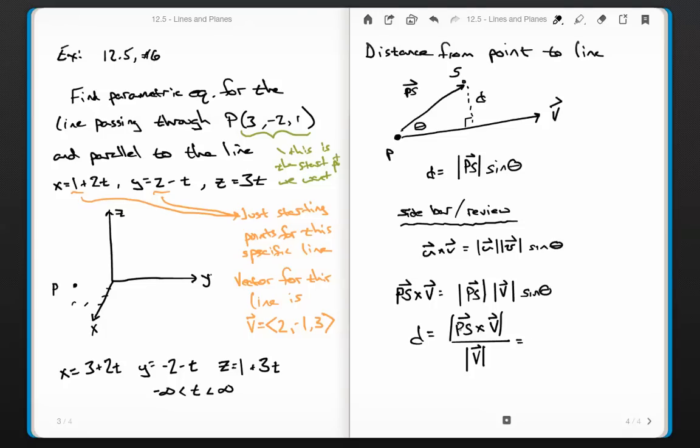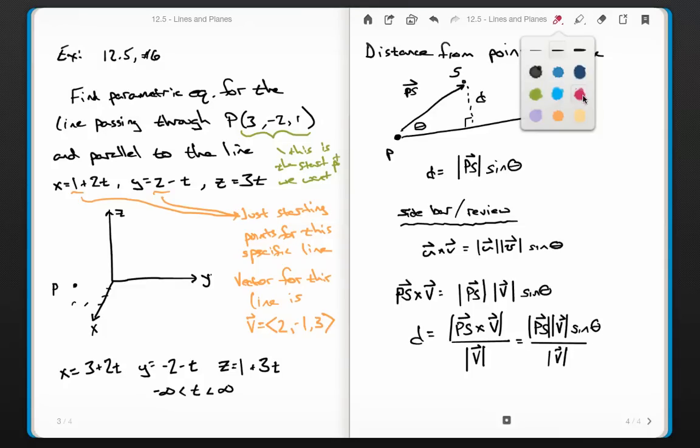The magnitude of PS cross V is PS V sine theta, over V. And then I can get out the all-powerful red pen of cancellation, and my V's cancel out. So I'm left with exactly what I want, PS sine theta. So PS sine theta gives me the distance between any point in space and the line.